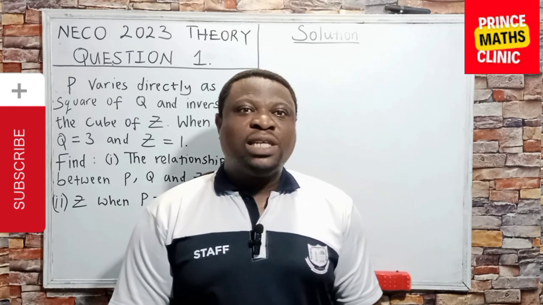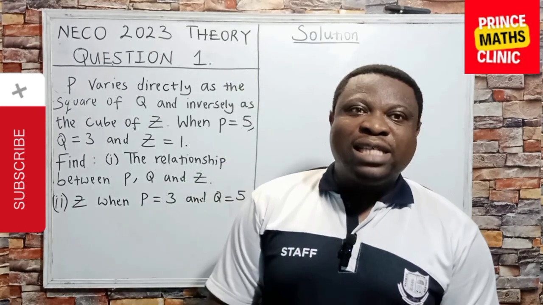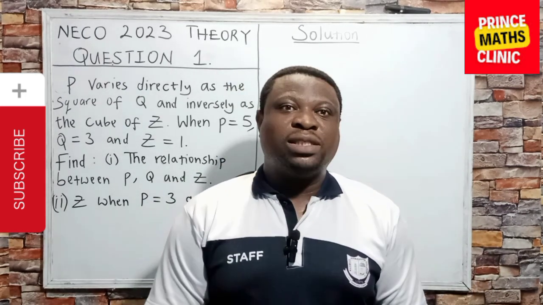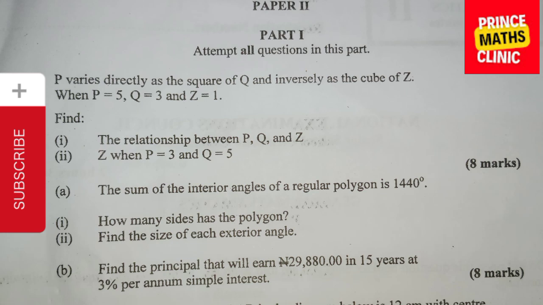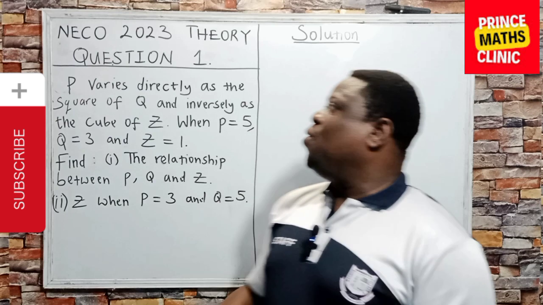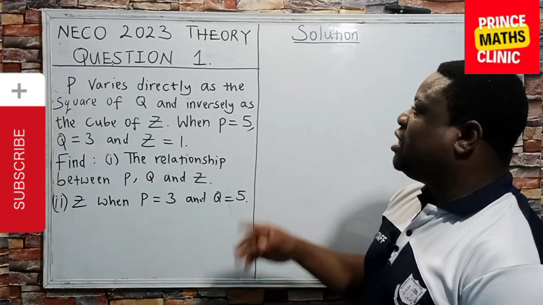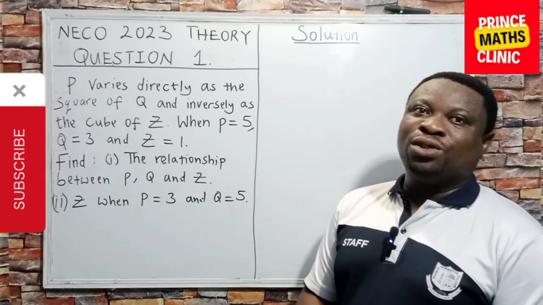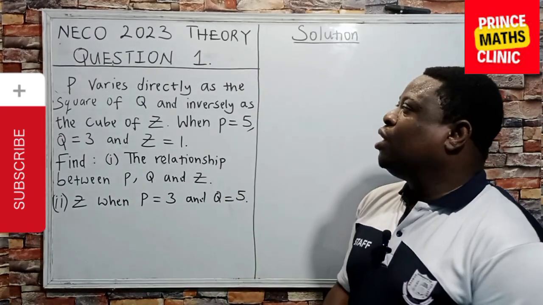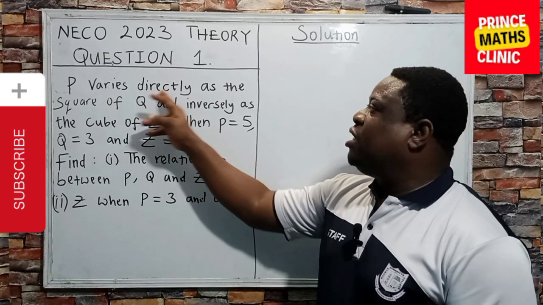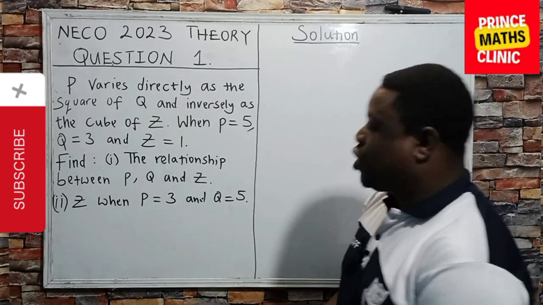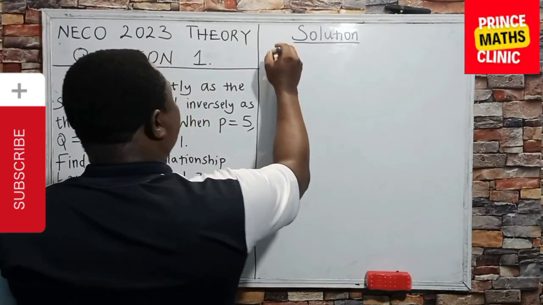So in today's class, we shall be looking at question number 1 that happens to be a question based on variation. And looking at the board, we have a combination of direct and inverse variation. The question is that P varies directly as the square of Q. So let's interpret.